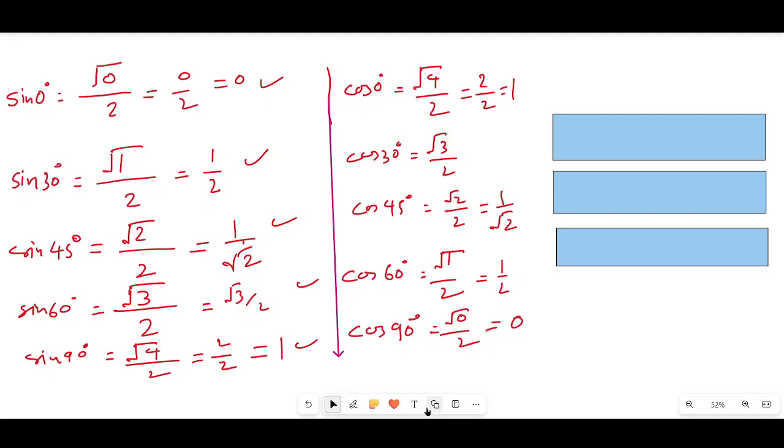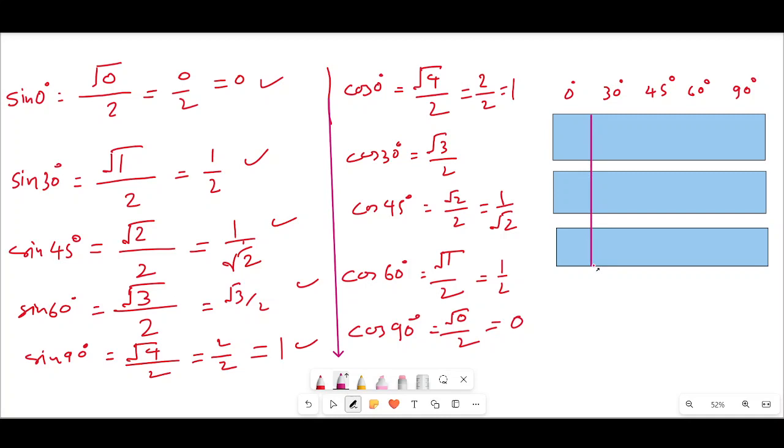Now this is 0 degree, 30 degree, 45 degree, 60 degree, and 90 degree. Clear? We will divide the things according to the table. Now here we will write the same things in a new way. Clear?